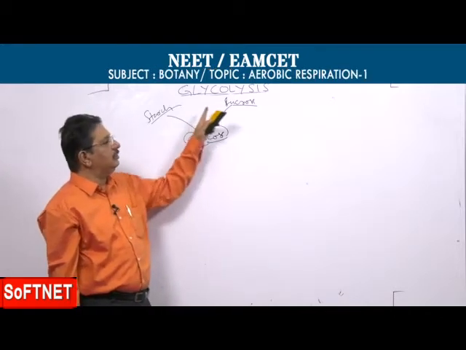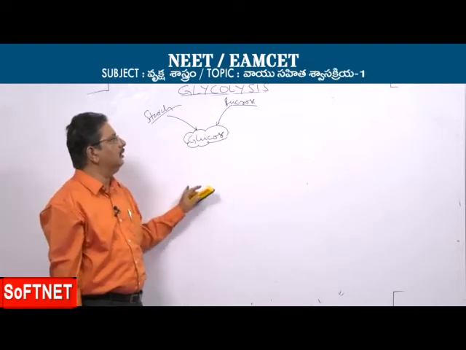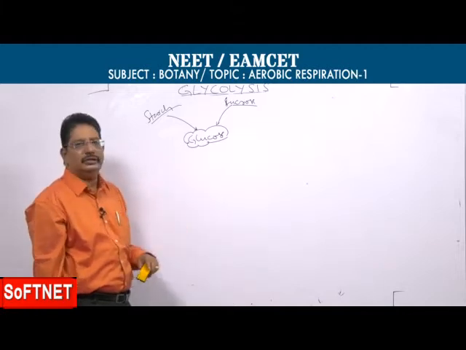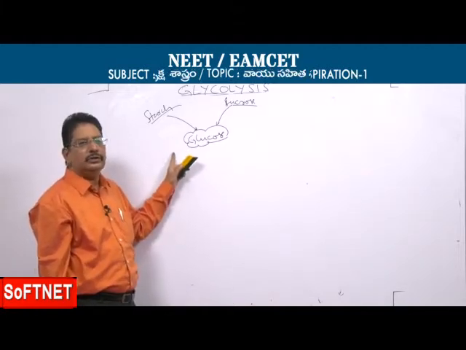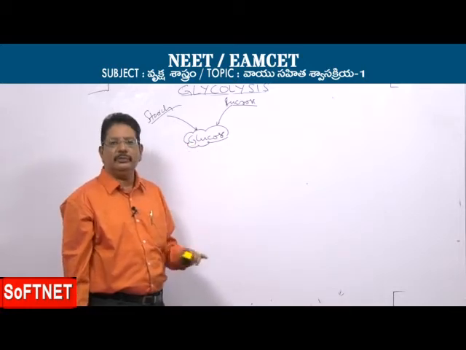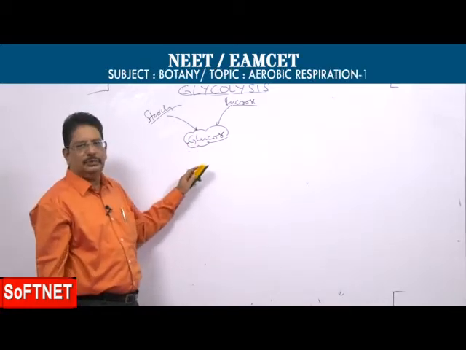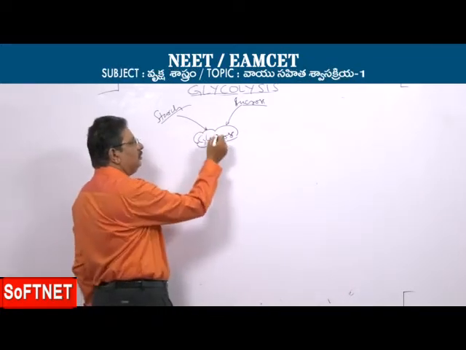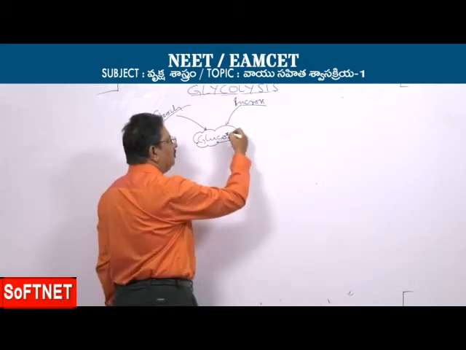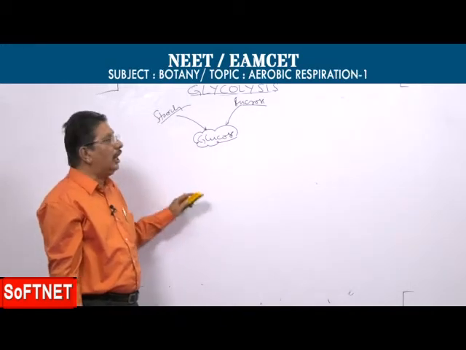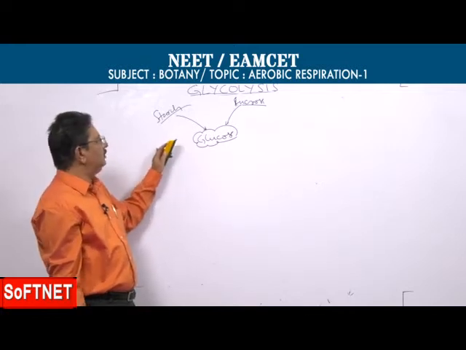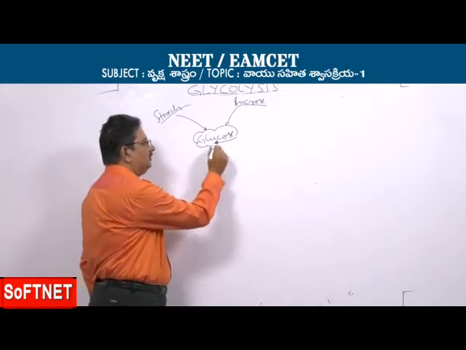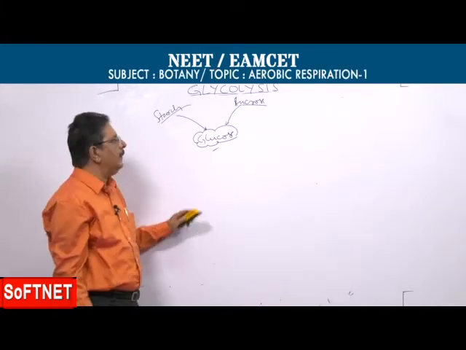But starch and sucrose are unfit for the respiratory process. They cannot be directly oxidized since they are big molecules. So, for the initial step of glycolysis or respiration, glucose has to be present. So, starch converts into glucose or sucrose may convert into glucose. After the conversion of either starch or sucrose into glucose, aerobic respiration starts.